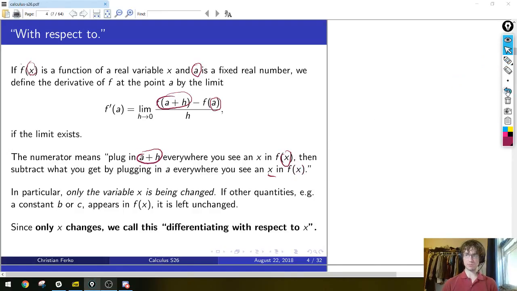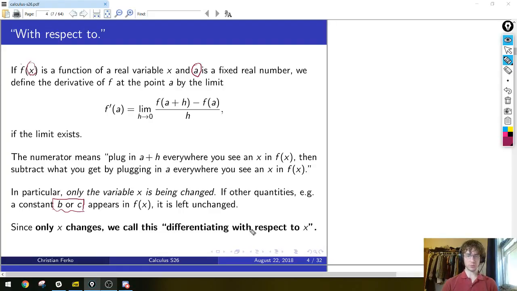When we compute this limit, only the variable x is changing between these terms. So if f depends on some other numbers, like maybe you put a b or a c, some constants in, those things do not change between these two terms. You plug in a plus h for x, you plug in a for x, any other numbers which appear in that function do not change between those terms.